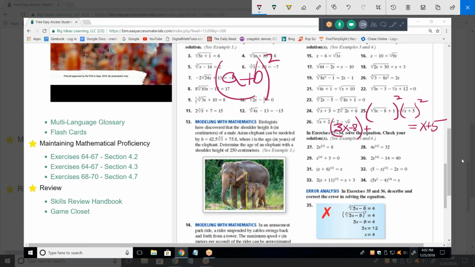The answer is a squared plus 2ab plus b squared. In our case, what is 2ab? 2 times the square root of 3x minus 8. Correct. And what's the next term? Plus 1.